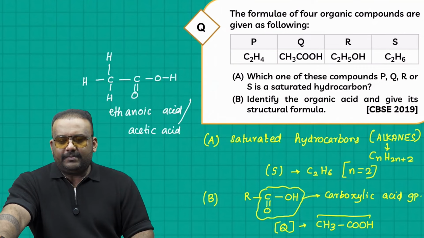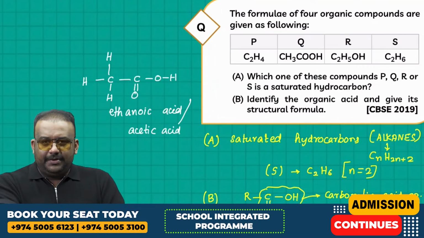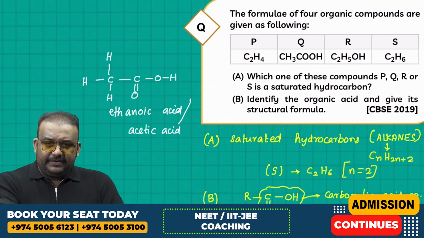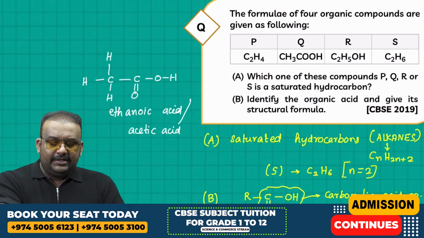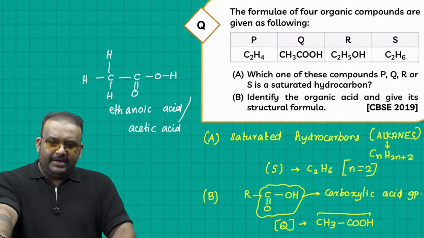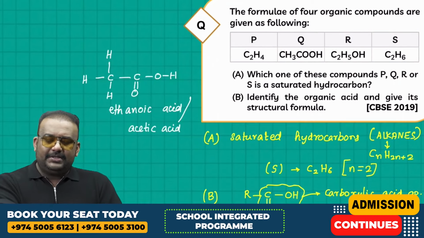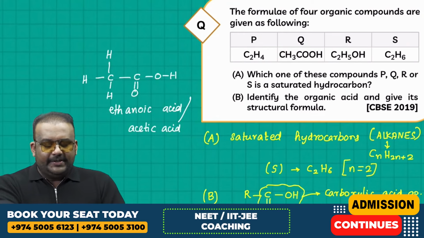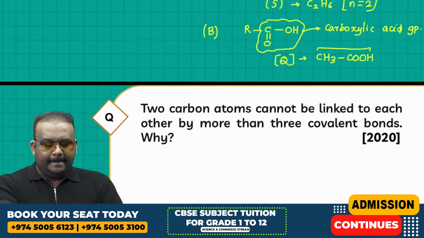Clear? Right. It was a 2019 question, and this has been asked many other years as well in different formats. So remember, it's one of the most important questions. So, I hope this question is also clear to everyone. Perfect. So, let's move on to the next question.